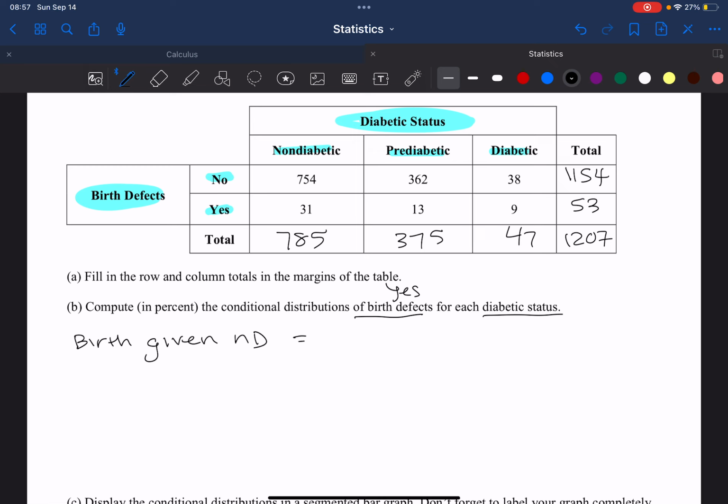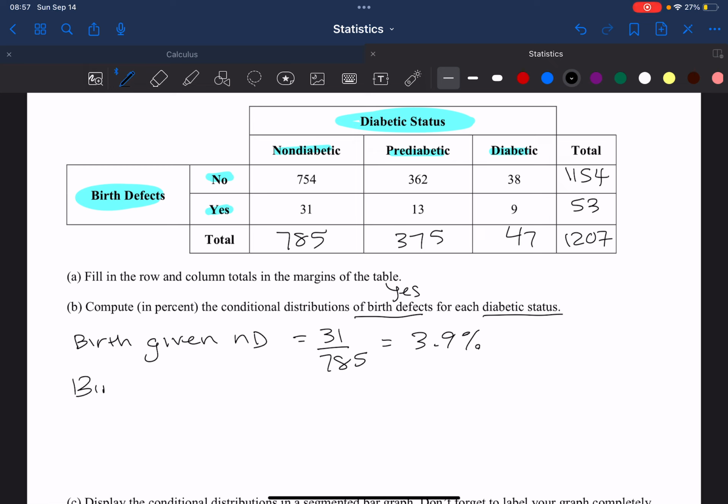So that would be 31 that said yes on non-diabetic over the total for non-diabetic, which is 785, and that gives us 4%. But let me make sure I put it in decimal. I'm going to say 3.9% instead of rounding it.